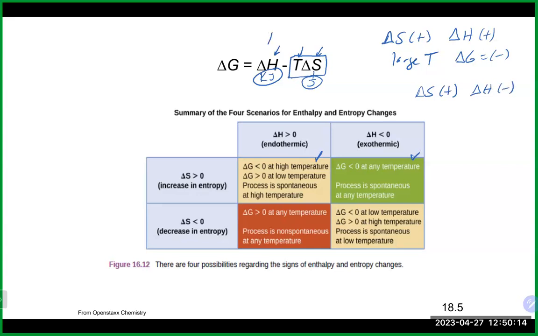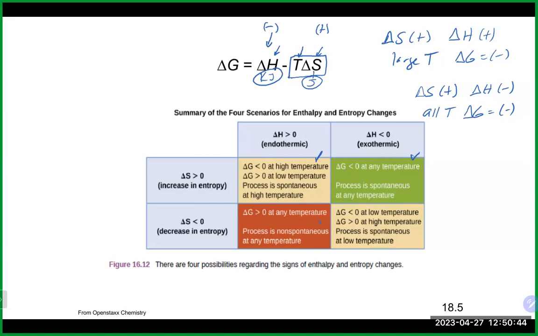With our delta H being negative and this guy being positive, no matter what we do in this situation, delta G will always be negative, because temperature has got to be positive. So at all temperatures, delta G will end up being negative and the reaction will always happen. So if you've got a positive delta S and a negative delta H, you're going to be in good shape at any temperature. You would expect that reaction to be spontaneous.